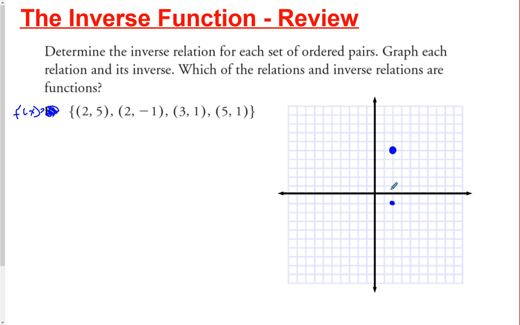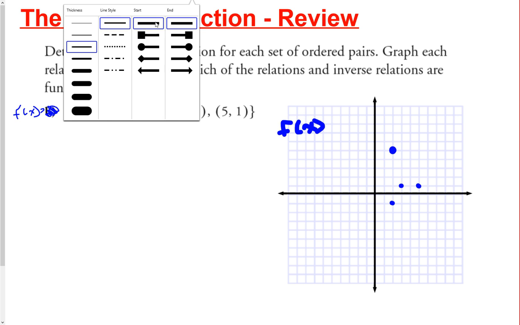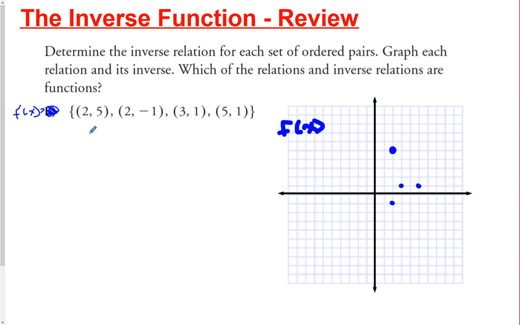Then we've got 3 and 1, that's right here. And then we got 5 and 1. That's right here. Okay, so those are my 4 points. I've graphed my f of x. I'm also going to label on here f of x in blue, just so I remember that my blue stuff is that function. Okay, let's do red, and this is going to be our inverse function.